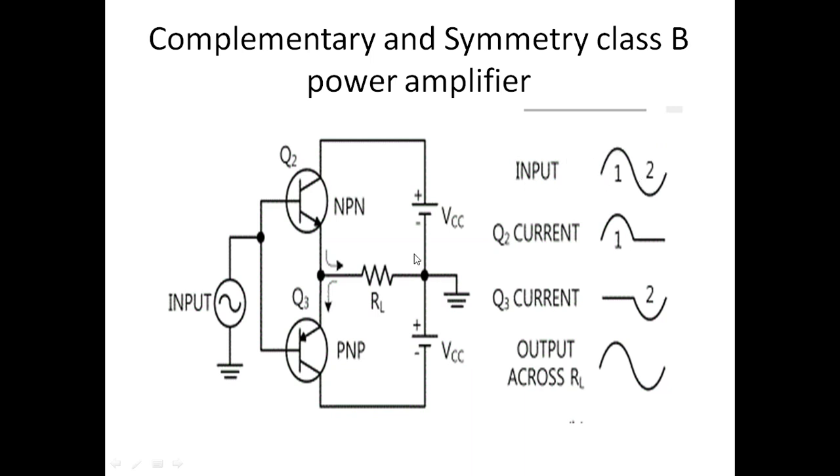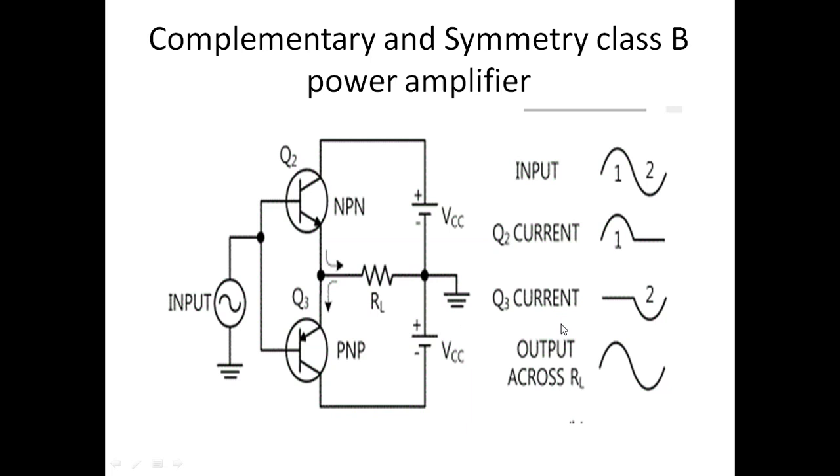Now with respect to waveforms, the input is like this. This is the complete signal. The first transistor Q2 is initially on when the positive half cycle is applied. Therefore, that positive half cycle appears across the load resistance. During the negative half cycle, Q2 becomes off and Q3 becomes on.